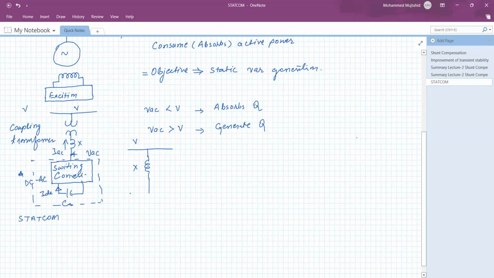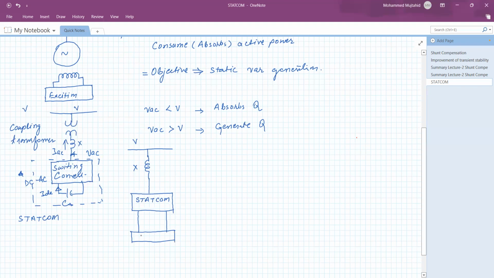So here is a Statcom. It is independent of the system voltage with the help of the coupling transformer. And now an energy storage device, battery, supercapacitor, or superconductor, is connected.